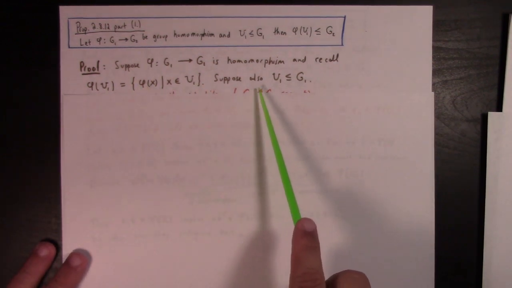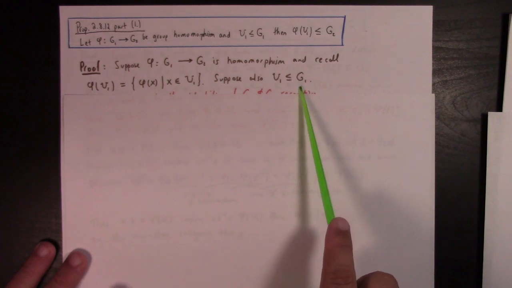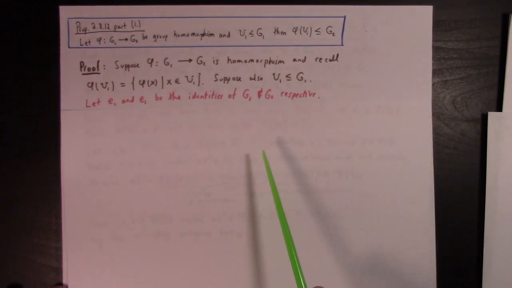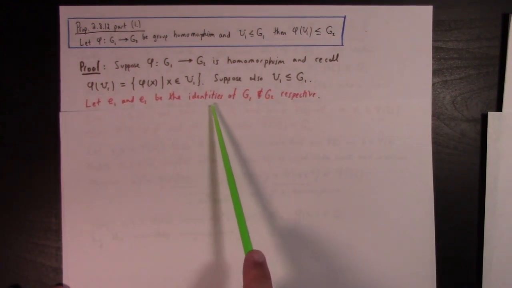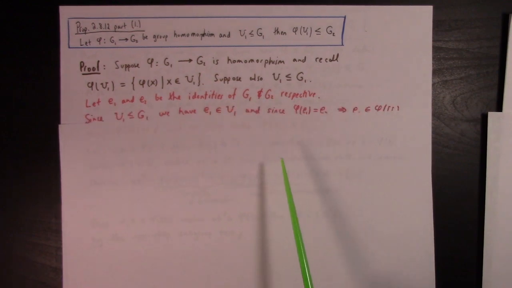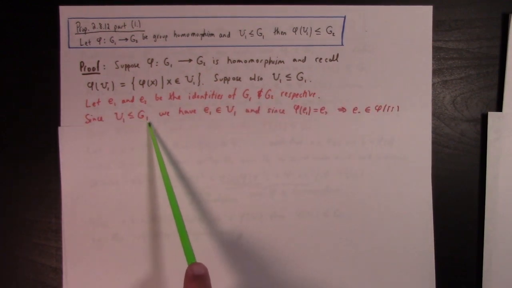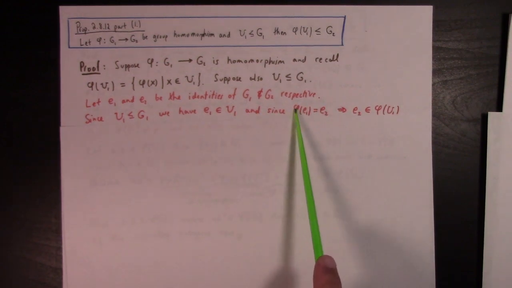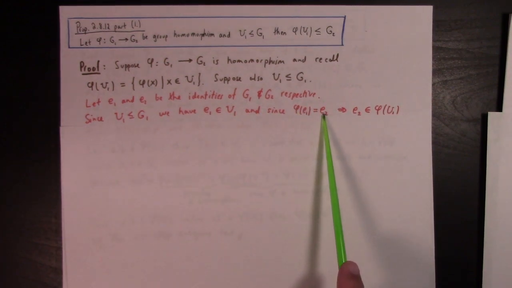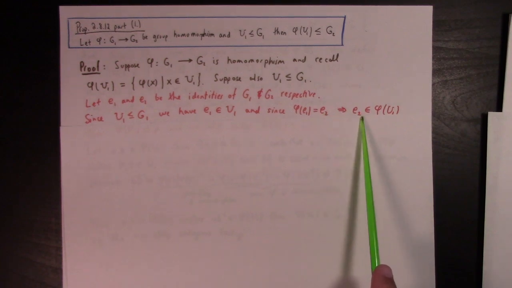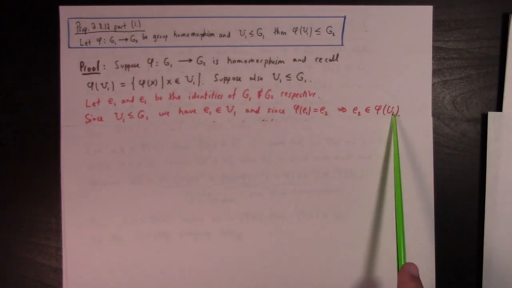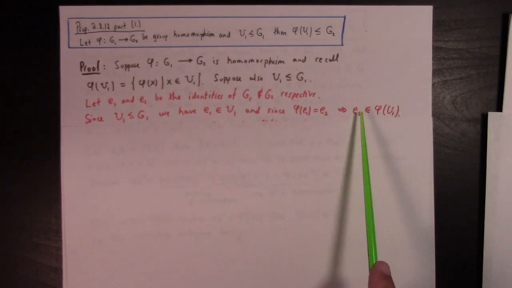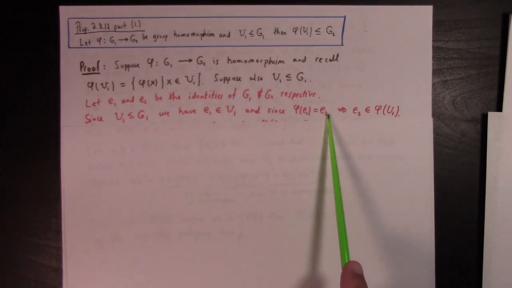I'm also going to suppose that U1 is a subgroup of G1. Then I'm going to let E1 and E2 be the identities of G1 and G2 respectively. Notice that since U1 is a subgroup of G1, E1 is in the subgroup, and by our property of homomorphisms, phi of E1 is E2. But that says that E2 is actually an element of the image of phi of U1, since E1 is an element of U1 and it maps to E2.